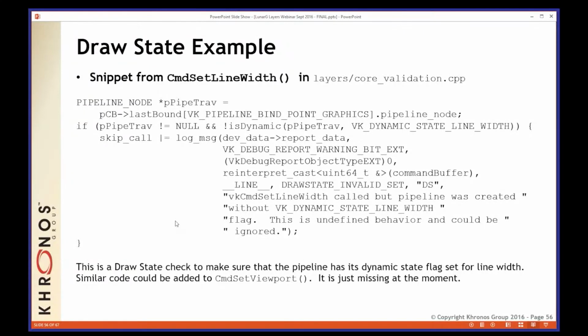And as the message says, it's undefined if you do that, and it will most likely get ignored. So this is not going to be a fatal mistake, and it's unlikely to cause a skip as far as skipping the API call. It'll just make your output incorrect.